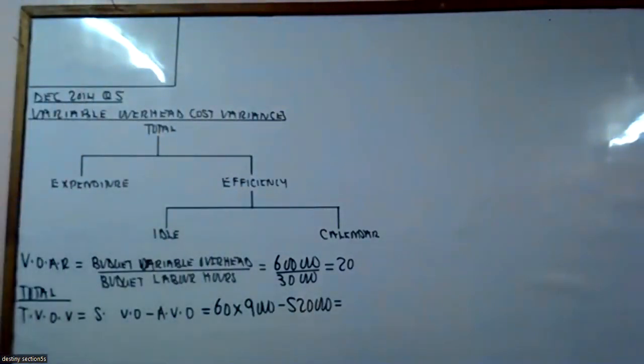So give me that value. You see 60 times 9,000. Tell me how much that will be.